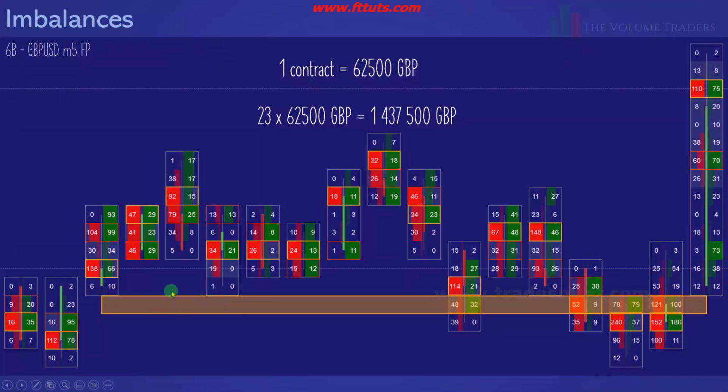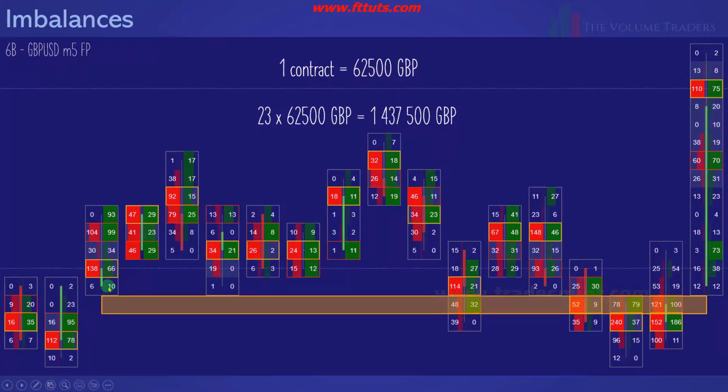So price can go up, trying to fill that imbalance to check if more buyers, like delayed buyers or late buyers, want to join at this same interesting price level where 1.5 million in this case of buy pressure appeared.